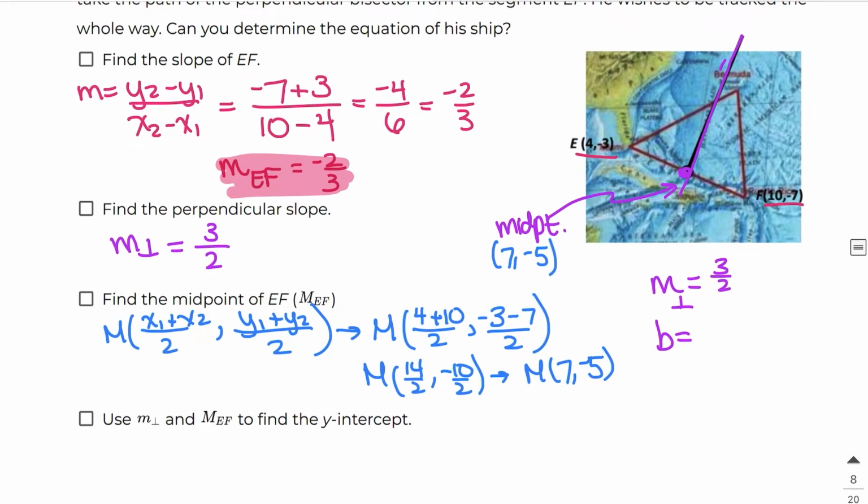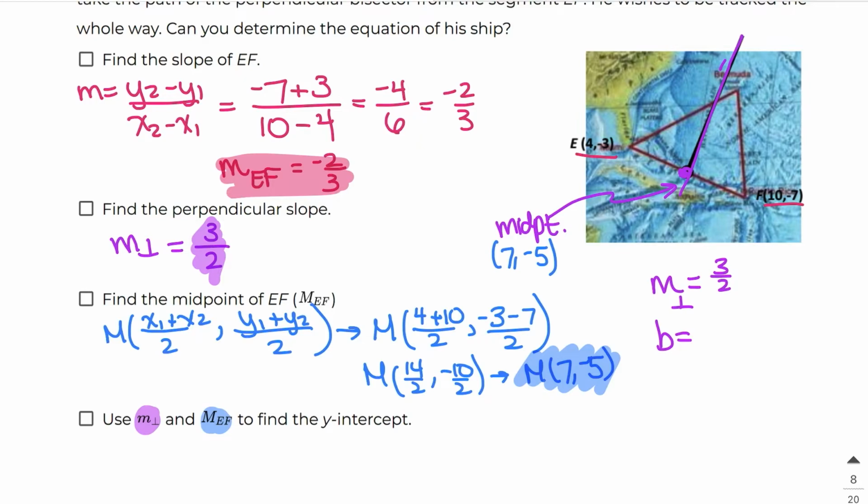Now, all this turns into is finding the equation of a line that has a slope of 3/2, but passes through the point (7, -5). So this right here says to use m perpendicular and the midpoint of EF to find the y-intercept. So let's go ahead and do that right here.